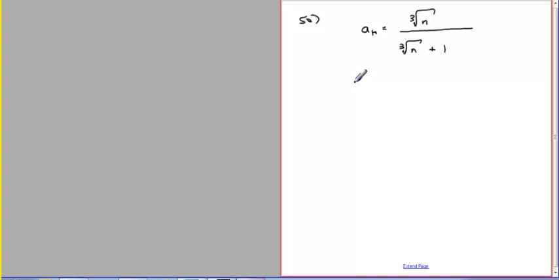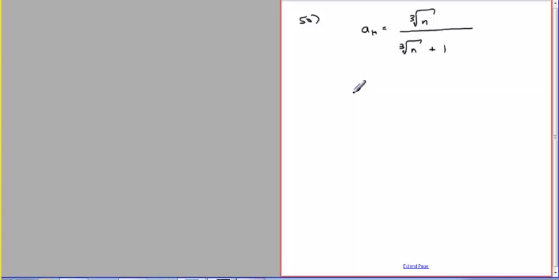It says if you have two sequences that converge and your sequence is between those two, then your sequence is going to converge.